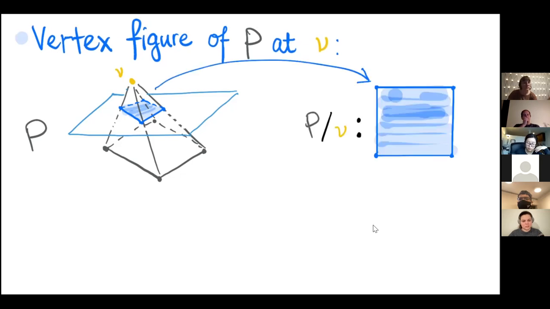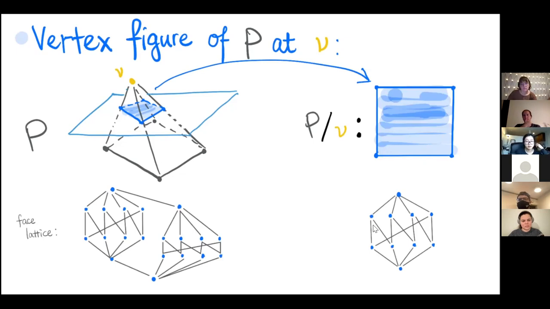And then you simply look at the intersection. This is denoted by P mod V, and for any d-dimensional polytope P, a vertex figure at one of its vertices is always d-1 dimensional.